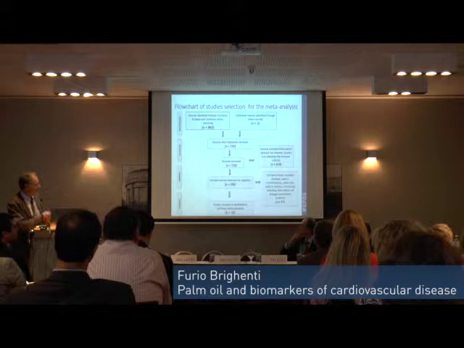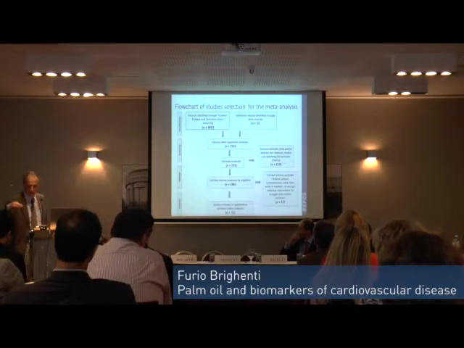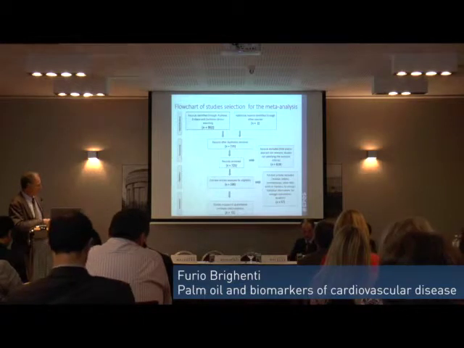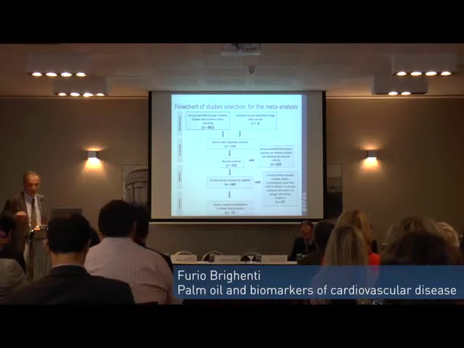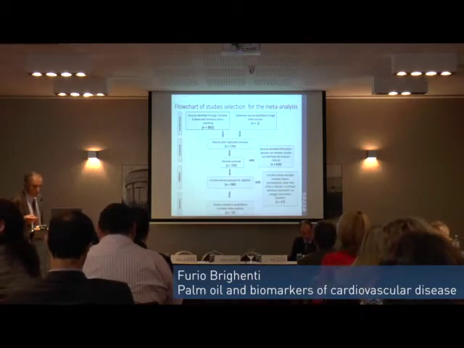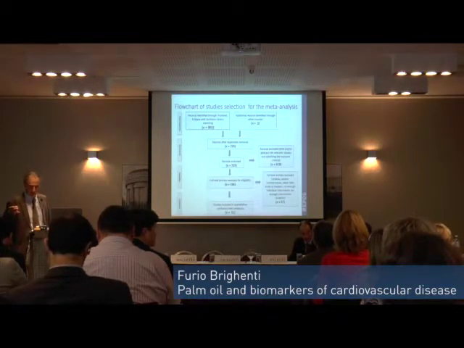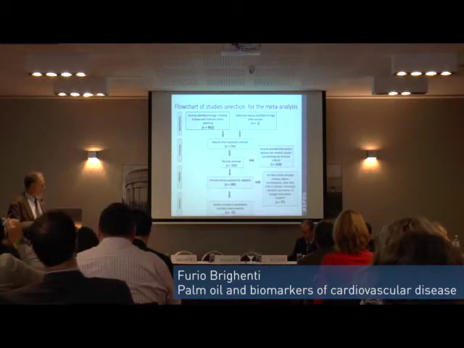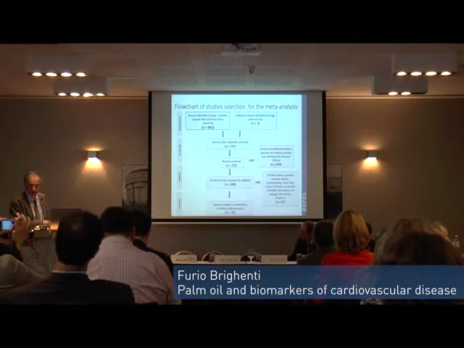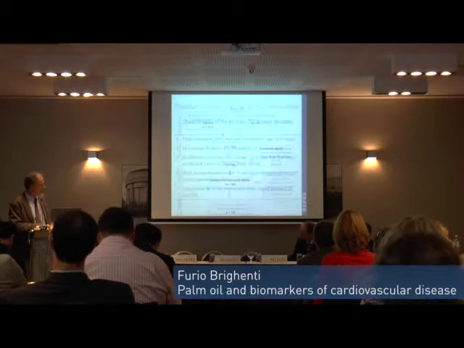So very rapidly, this is a history of the study selection. By the end, starting from 902 papers retrieved, we selected 51 studies published in 49 publications. And the meta-analysis is related to the data of these studies.